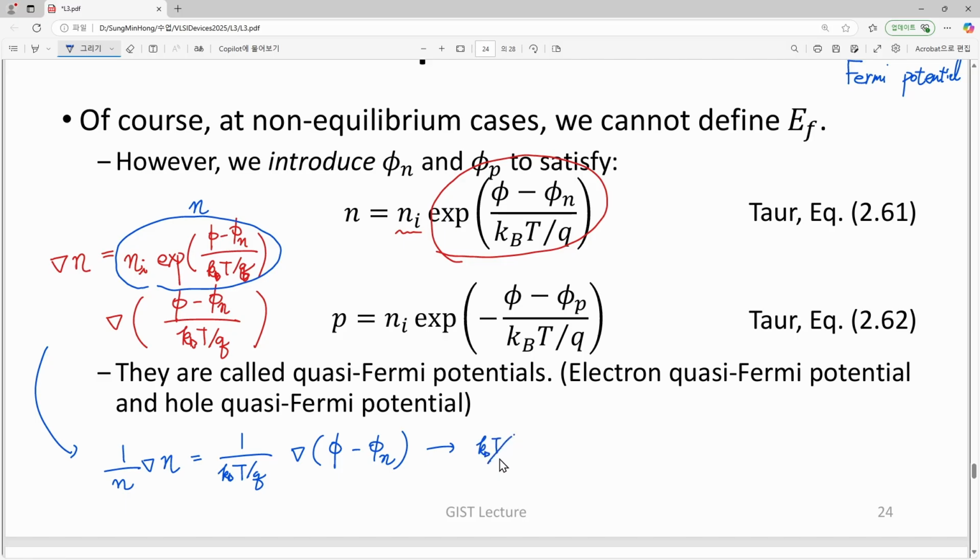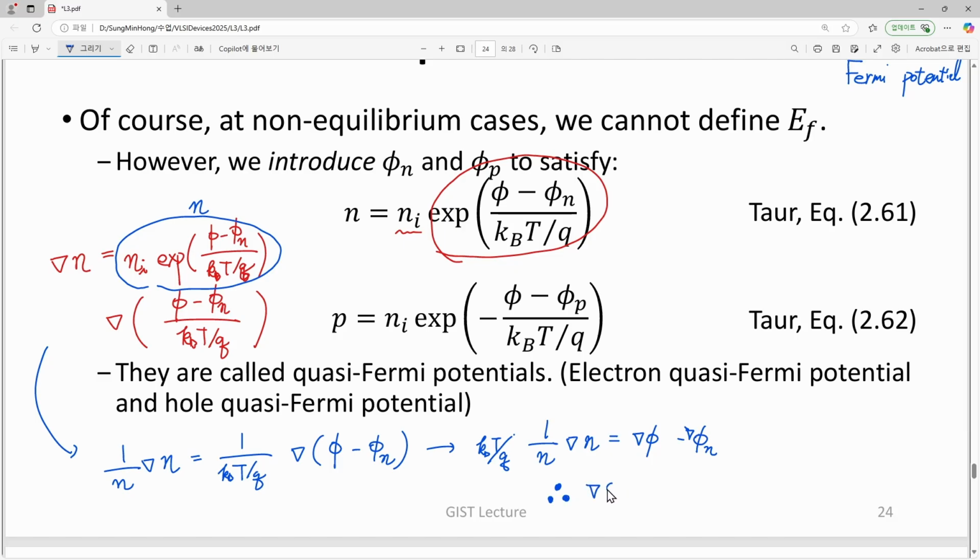kBT over Q, thermal voltage, is moved to the left hand side term, and 1 over n gradient n equal to what? V minus gradient phi n. From this expression, now I can summarize in that way.